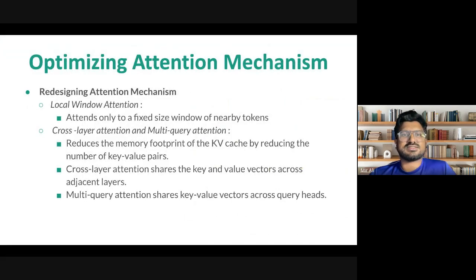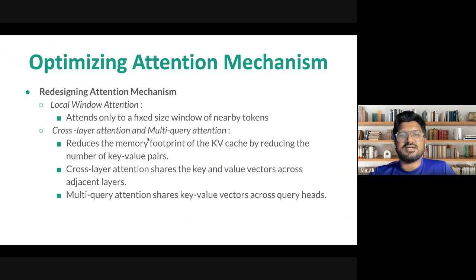So the first thing is we have to redesign the attention mechanism. There are a few techniques. One is local window attention, where the attention is fixed to only attend to fixed-size windows of nearby tokens. Another two techniques are cross-layer attention and multi-query attention. Cross-layer attention we have seen in the encoder-decoder part, where the decoder has cross-layer attention from the encoder.